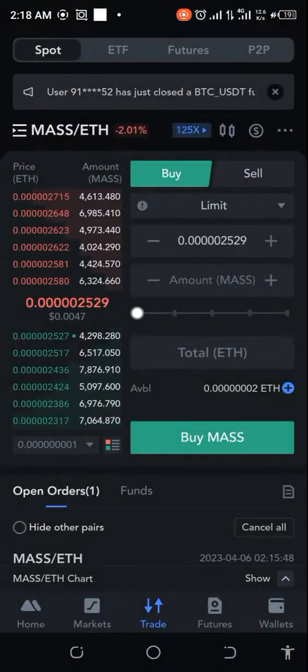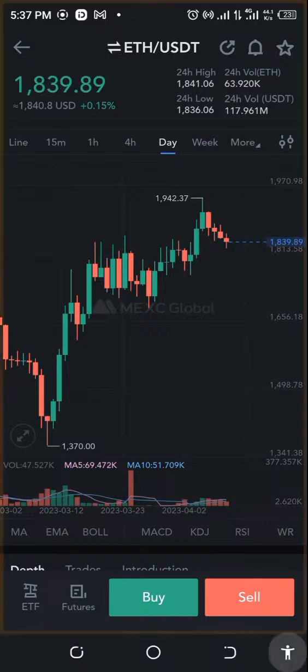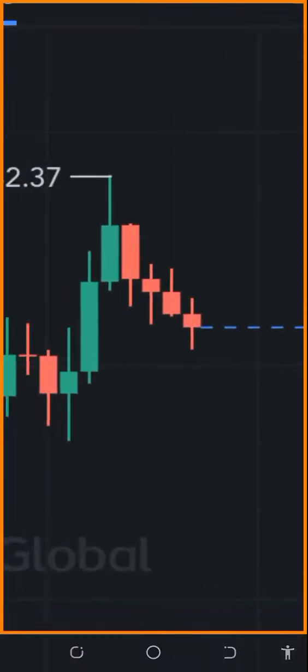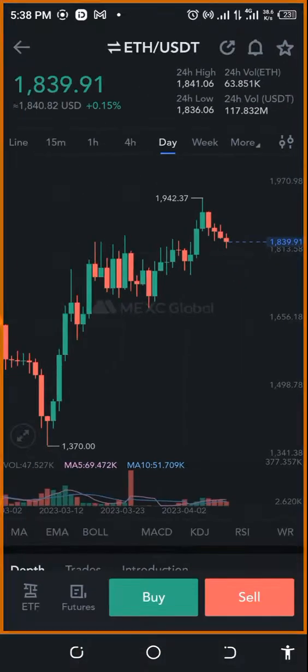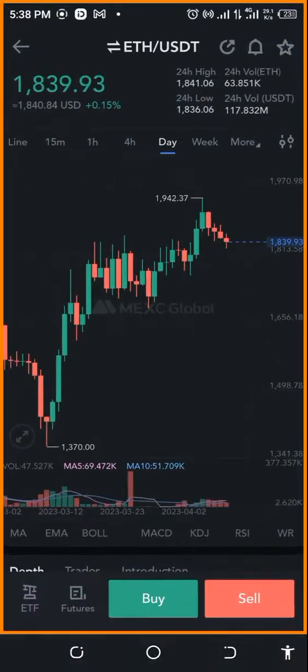See you shortly. Okay, so all right, I'm back after 3 days, and well, it just seems like ETH decided to go down. As you can see here, just to let you know, it's like 3 days, because this is the 1 day chart, and you can see that for the past 3 days, the ETH has been going down, right?